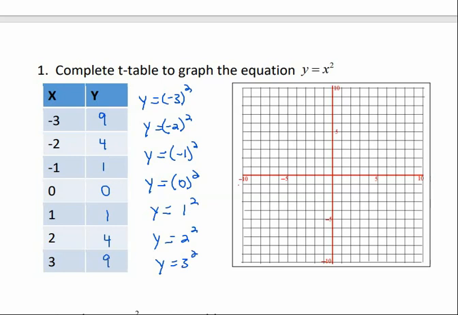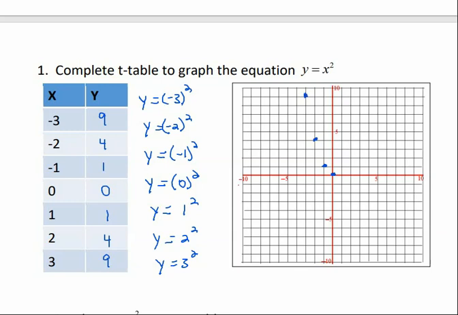So let's plot those points on this graph. This would be our ordered pair, our x and our y, (-3, 9). So I'm going to go to the left 3 and up 9. (-2, 4), to the left 2 and up 4. (-1, 1). (0, 0).